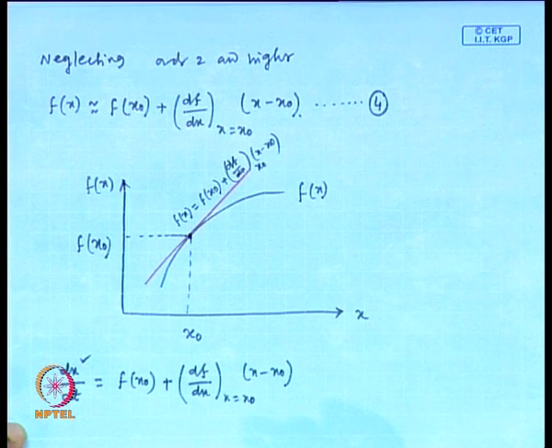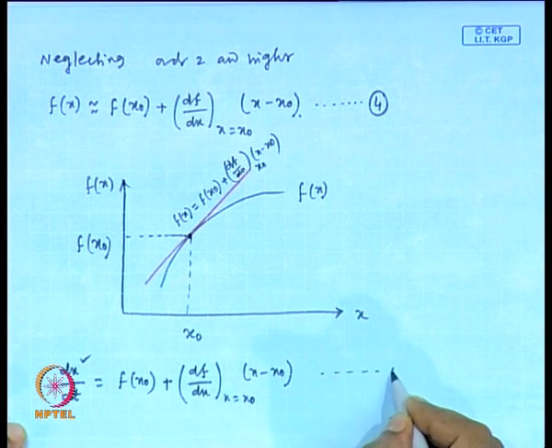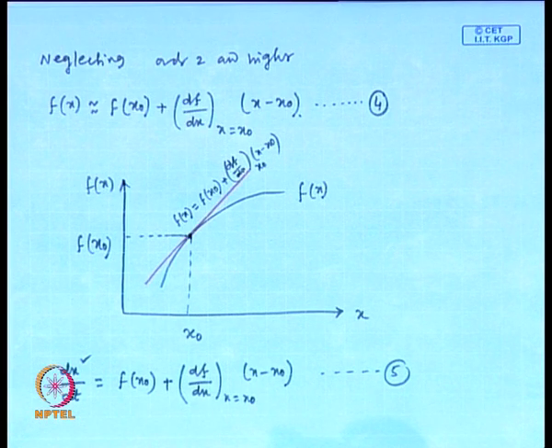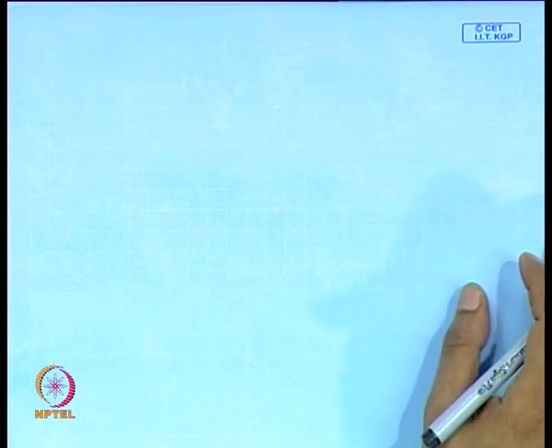We have just replaced f(x) with dx/dt in equation 4, and then we get equation 5. This is the linearization of f(x) according to Taylor series expansion. Now, we will take one example to linearize the model.